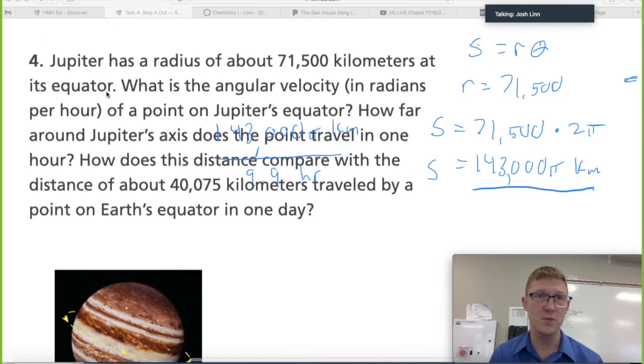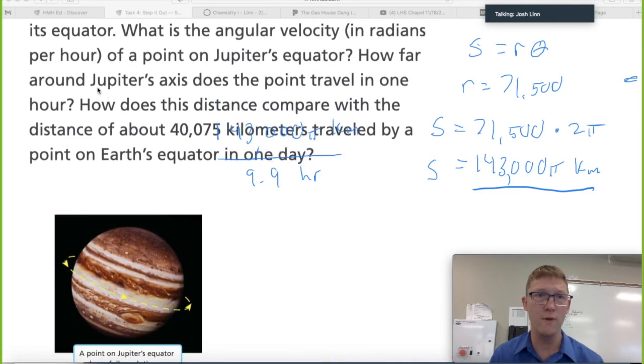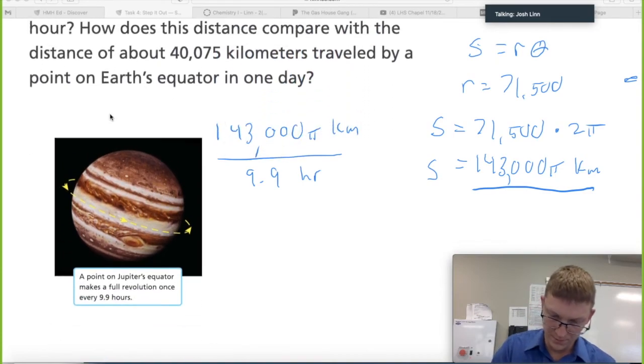That's our ratio, and we want to know how far around Jupiter's axis does the point travel in 1 hour. So we're going to multiply this whole thing by 1 hour, but it's not really going to change our math at all.